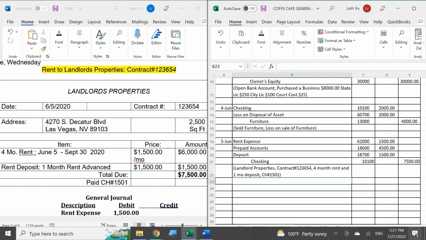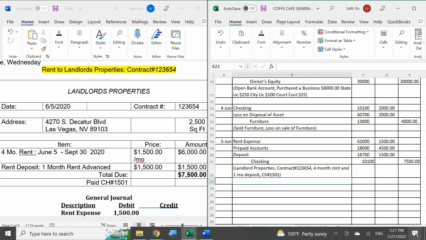Okay. So there you go. That gives you not only proof that a transaction has occurred, it gives you the source document information to double back up that this is proof that a transaction actually occurred, right? These numbers aren't made up. The contract number exists, right? It tells you everything that happened with this purchase, right? And you have proof that you paid with check number 1501.